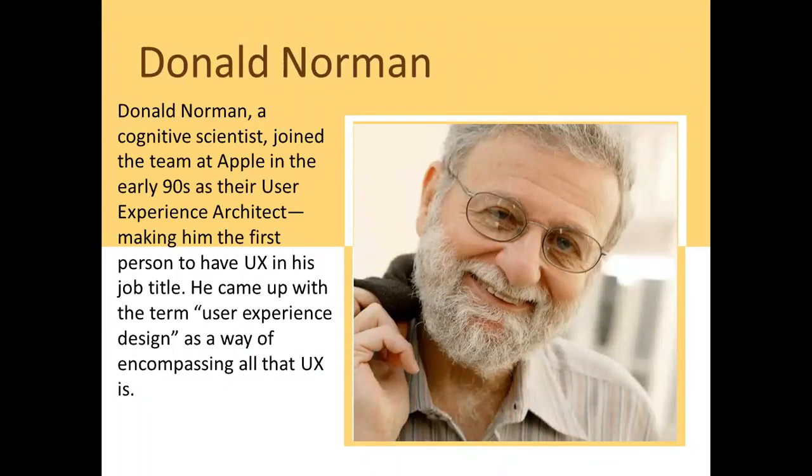Donald Norman, a cognitive scientist, joined the team at Apple in the early 90s as their user experience architect, making him the first person to have UX in his job title. He came up with the term UX design as a way of encompassing all that UX is.